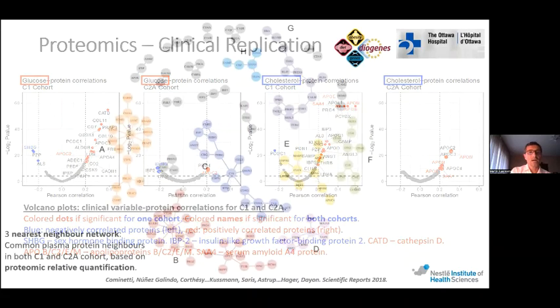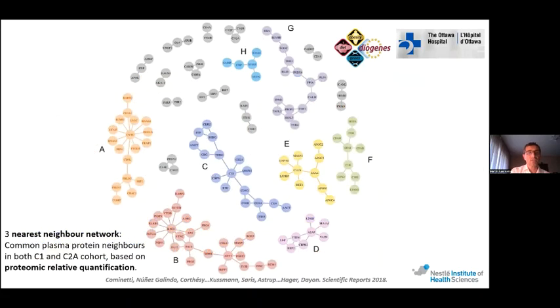Now, this all led us to a construction, with the means I've been talking about before, to a so-called 3 nearest neighbor network. So these are common plasma protein neighbors in both C1 and C2A, so Europe and Canada cohorts, based on our found proteomic relative quantification.